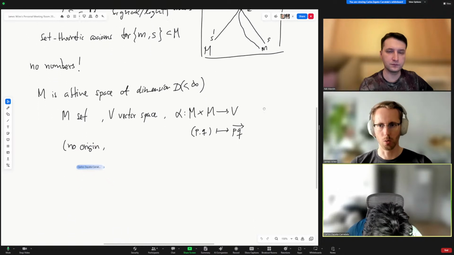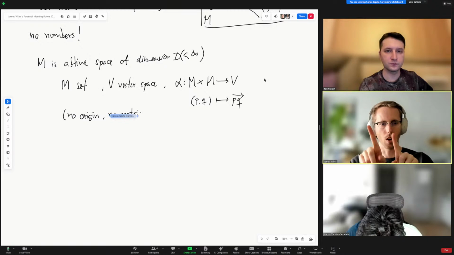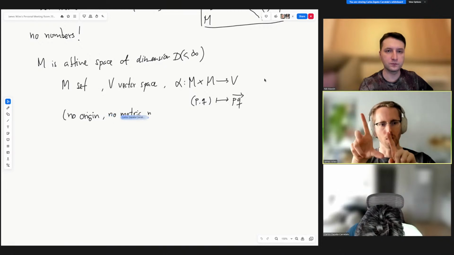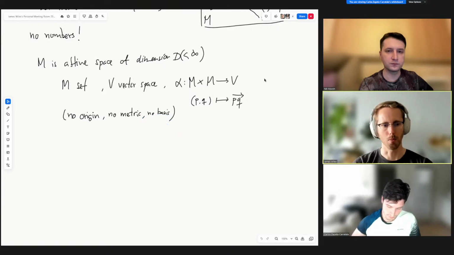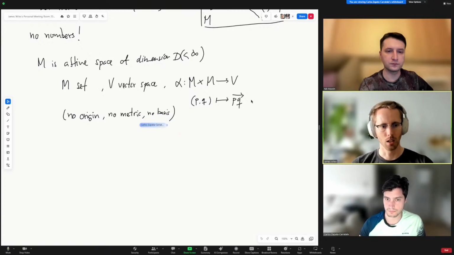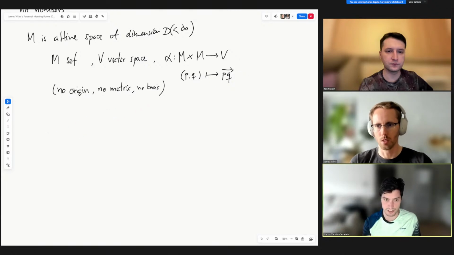So in other words, you only take the information of whether things are parallel, and if they are parallel, what is the ratio? Like, is this double this one? And that gives you most of the same information back again. As a reminder, there is no origin, there's no metric, and there's no basis.